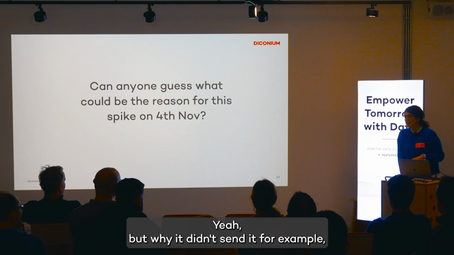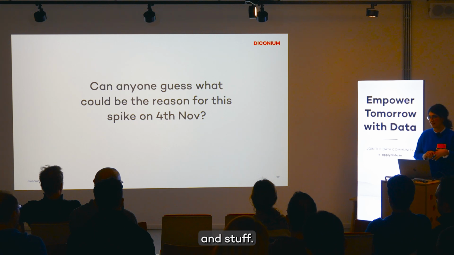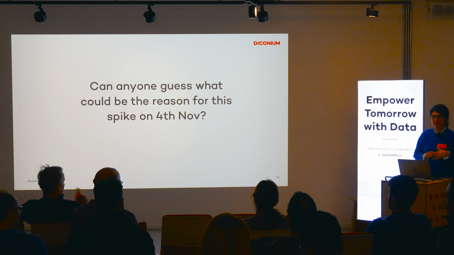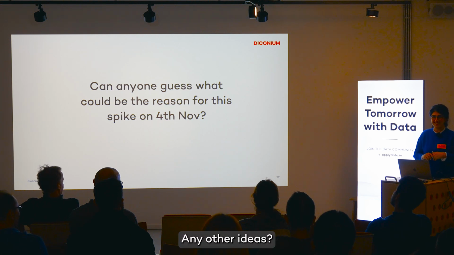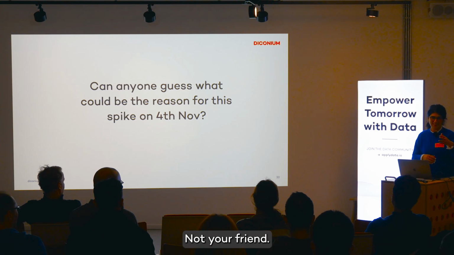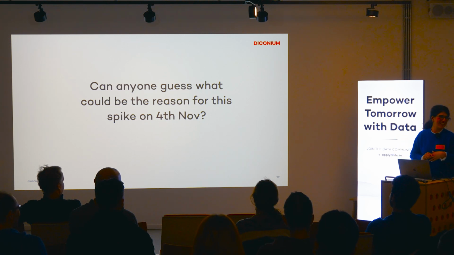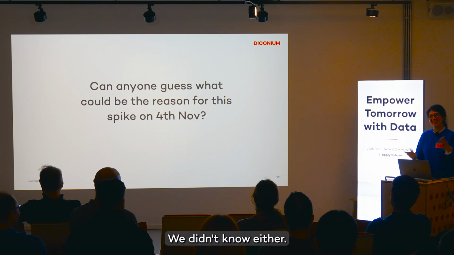Yeah, but why didn't it send it, for example, on the 1st of November, as the pipeline was working? Any other ideas? You can tell it to me, not your friend. Yeah, no idea? We didn't know either.